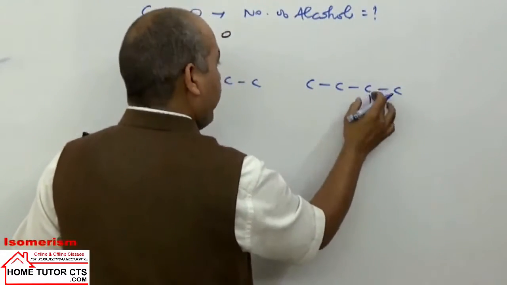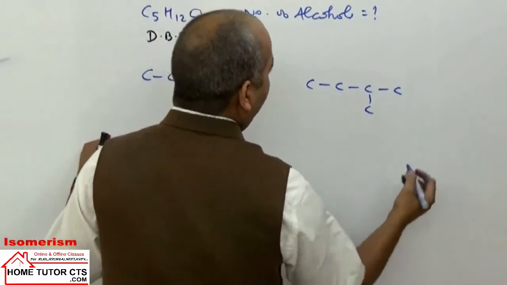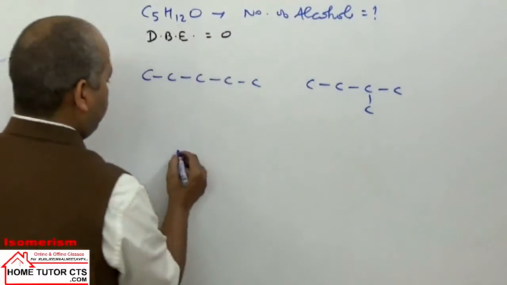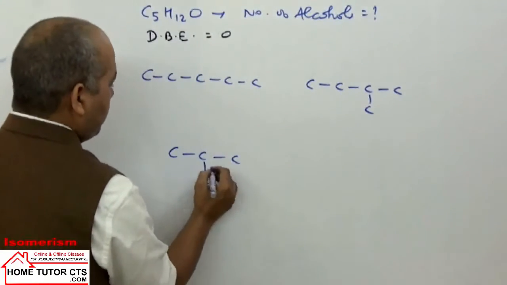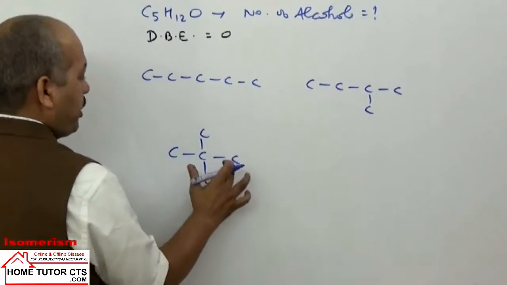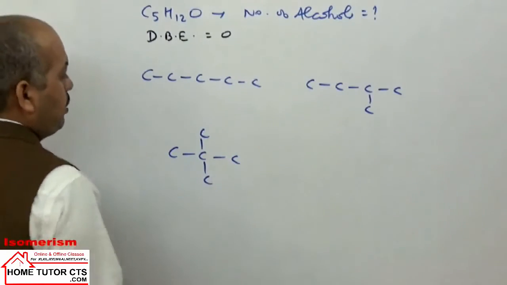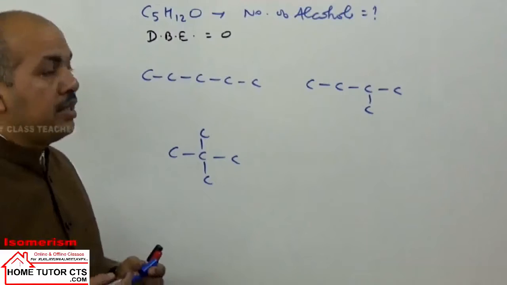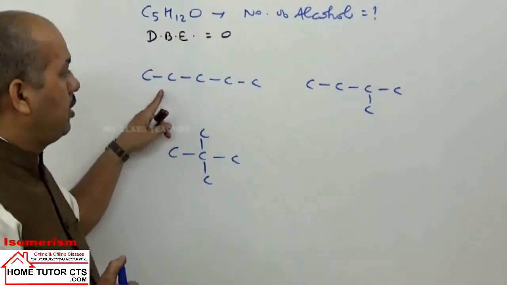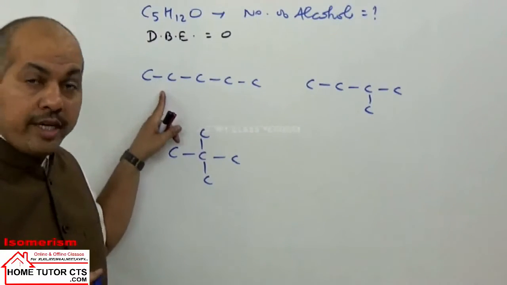One branch can be in any position, both are identical. Or we can have 2 branches. And 3 branches cannot be taken because with 4 carbons we cannot have 2 branches on the chain. So they have taken 3 chain isomers.